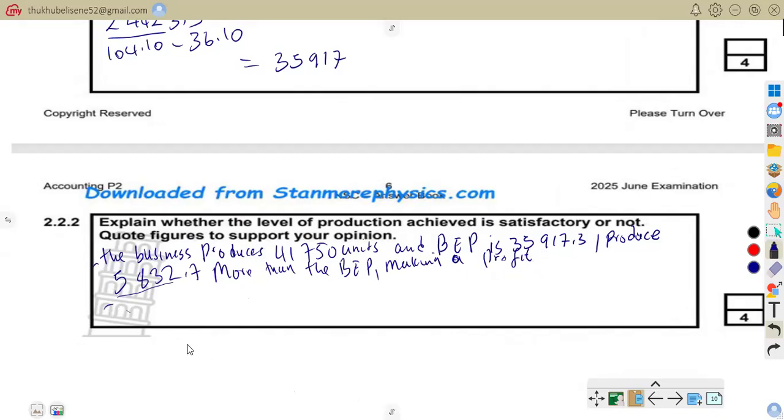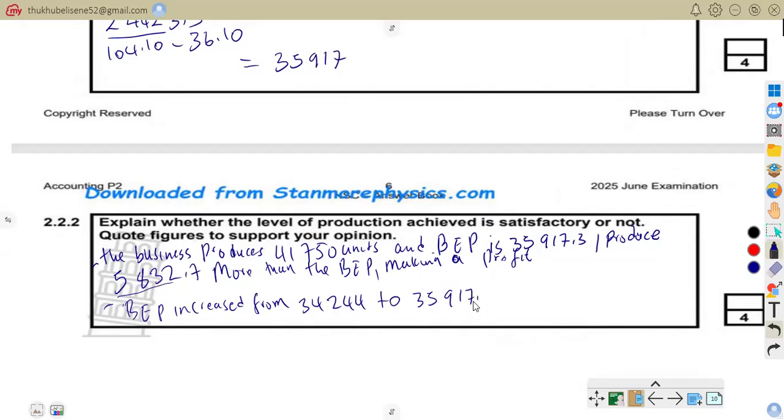So also you can see that our BEP, break-even point, increased from 34,244 to 35,970.